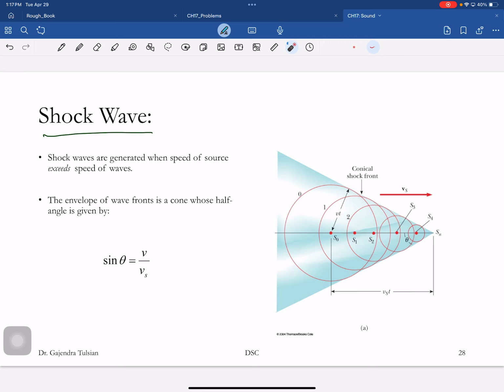So what's happening is, all the crests are lining up on the surface of a cone. The crests are high pressure regions. So this is atmospheric pressure, this is high pressure, and this is atmospheric pressure. So as you cross the surface of the cone, when you hit the surface of the cone, you get a high pressure spike.